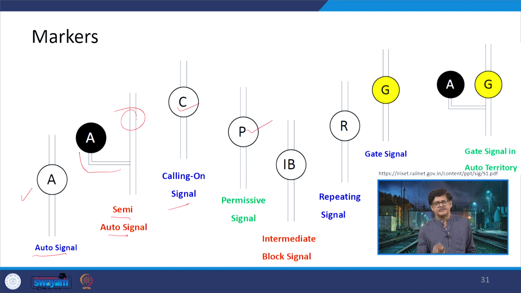In those cases we have seen that this type of disk was attached. Intermediate block signals IB, again I have talked about this. Then repeating signal R, gate signal G with the yellow background and G with a yellow background and A with the black background, that is gate signals in the auto territory, automatic system condition.